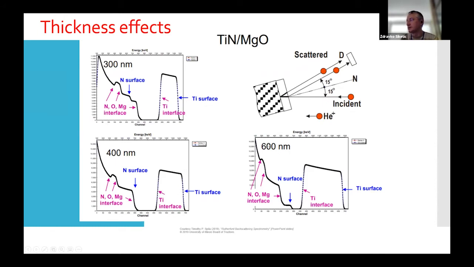If you go to 600 nanometers, it's even bigger. So if there were some variations in the titanium concentration through the layer, we should see this here in the spectra, but it's quite smooth, so I could say that this is quite a uniform layer.